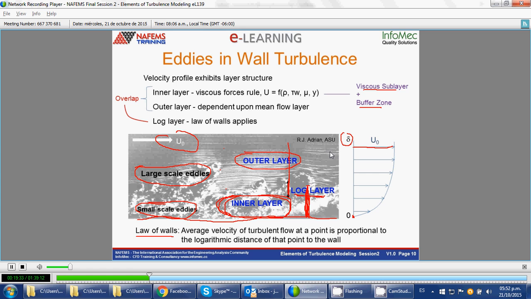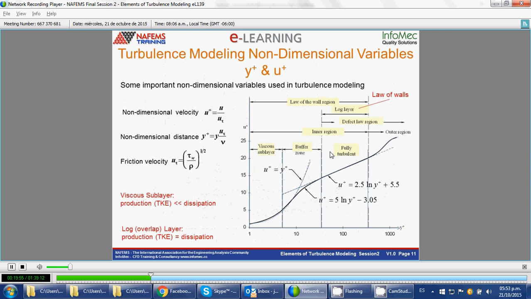This is where things dissipate. In the outer layer, you tend to get large eddy dissipations, which depend on the mean flow coming in. And that's the log layer, as I mentioned, the part where we say the law of the wall applies. So let's introduce y plus.